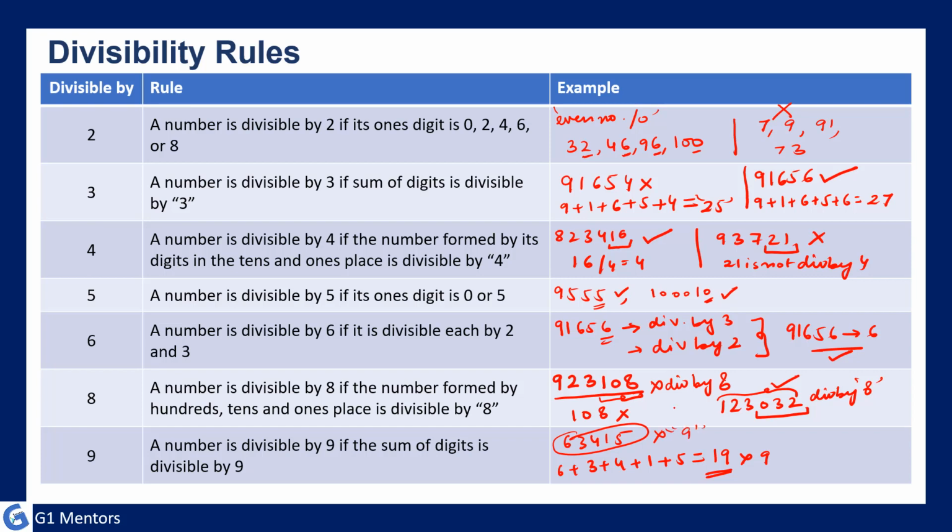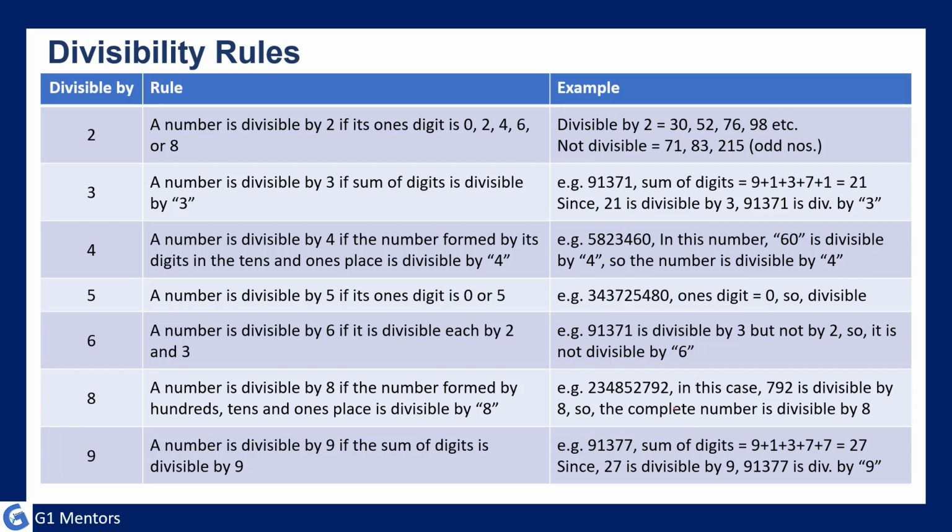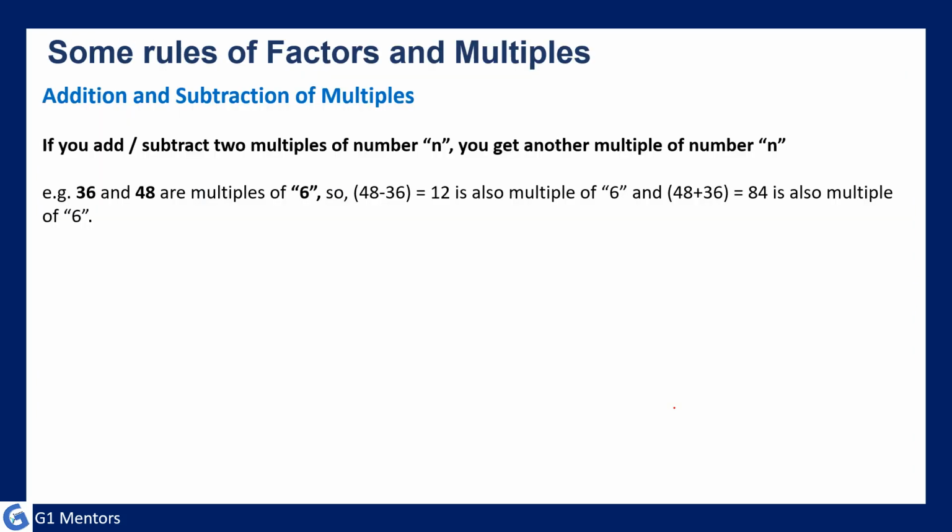In the following slides, I am showing some more examples for you to go through. So these are the simple divisibility rules. Now there are some more rules for factors and multiples which are very important from a data sufficiency point of view. The first rule is addition and subtraction of multiples. If you add or subtract two multiples of a number n, you get another multiple of n.